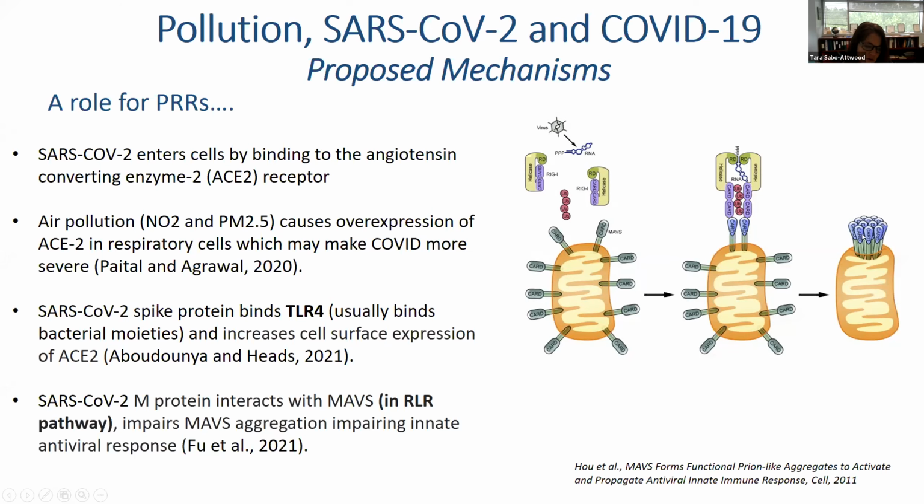And it's this clustering or aggregation that actually continues the signaling to upregulate host defenses through this pathway. And very interestingly, we have looked at this mechanism with our carbon nanotube story and found that the carbon nanotubes actually impair this aggregation as well. So I think this is another really fascinating mechanistic area of study.